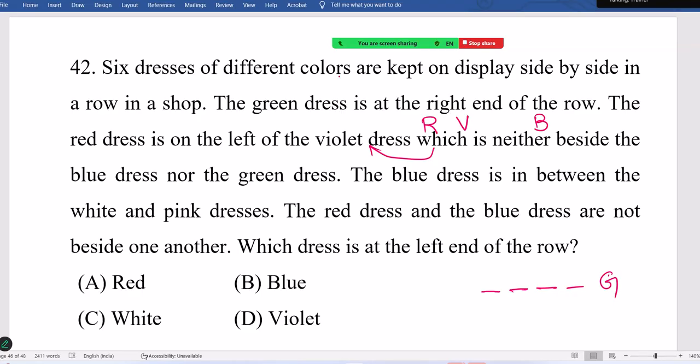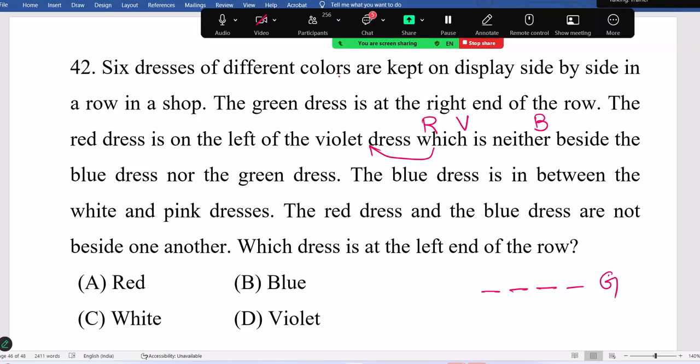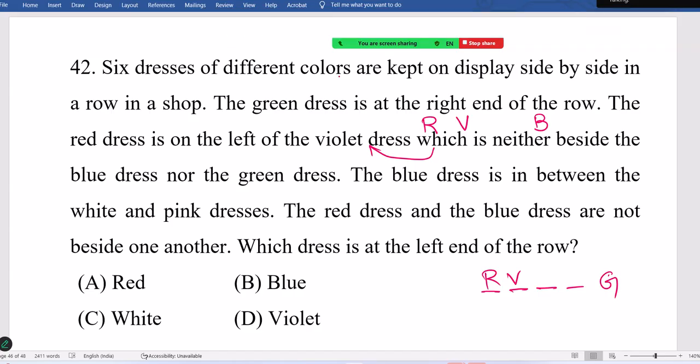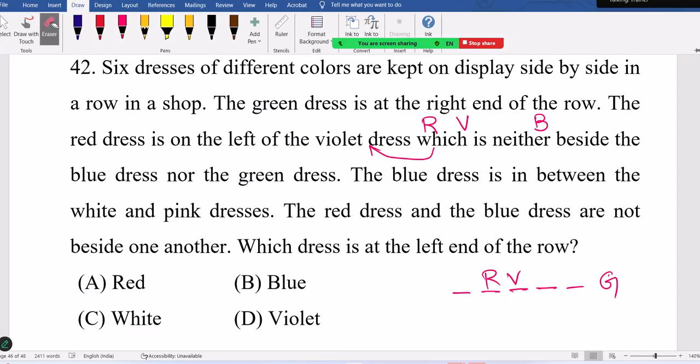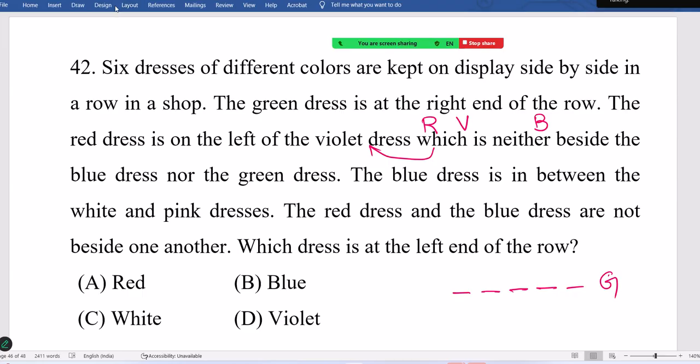So violet is neither neighbor to the green, so we cannot put V here. It will be RV. Yeah, one slot is there. So fine. Red will be in the left end. That's what we can check it out. But we need to cross verify again.